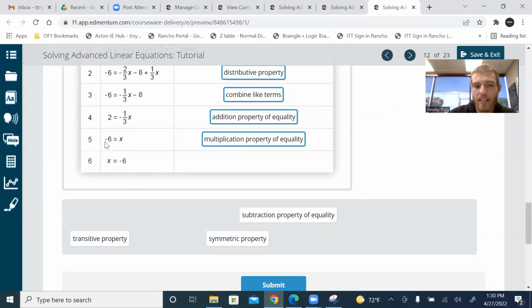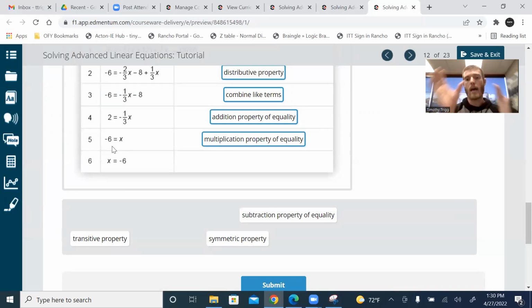Lastly, you see how this says negative 6 equals x? I would be fine, and most math people, I think, would be fine if you wrote your answer like that. But they have you switching it to x equals negative 6. I don't know why, but just know that you could always flip that, right? You could say 1 plus 4 equals 5, and you could also say 5 equals 1 plus 4.